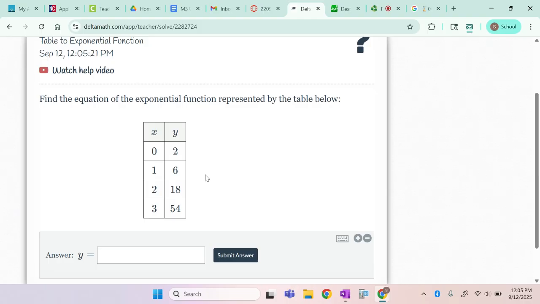Now, the generic form of an exponential function is this. Y equals A times B raised to the x power. This is what you learned back in Math 1. This is the generic form of an exponential function.